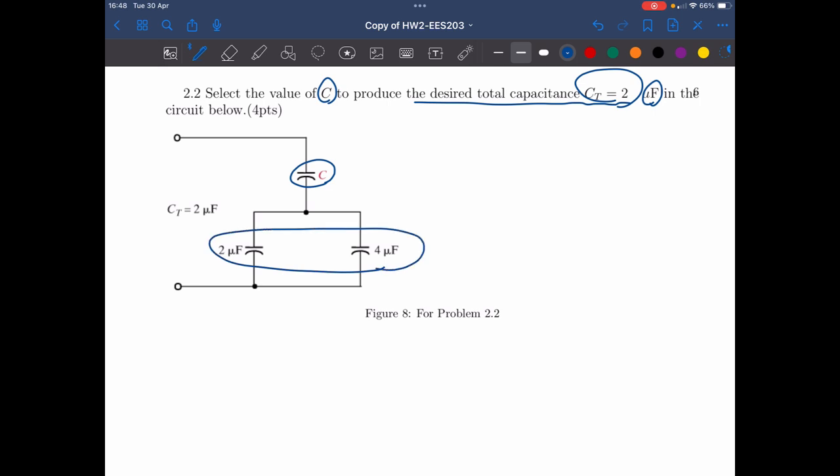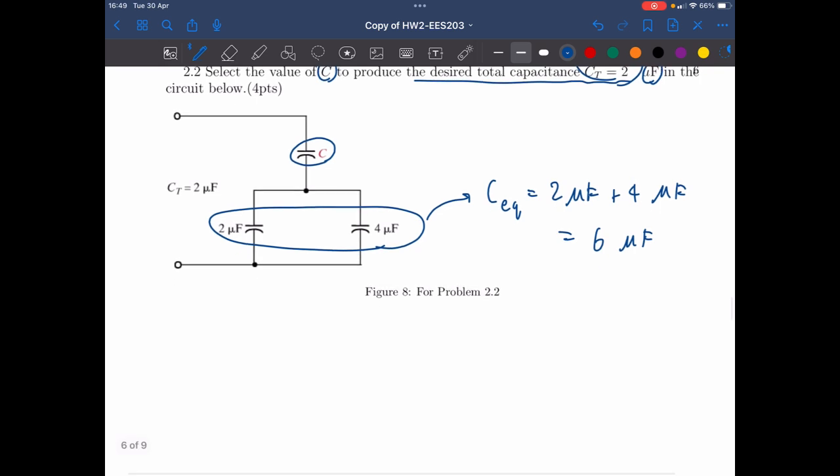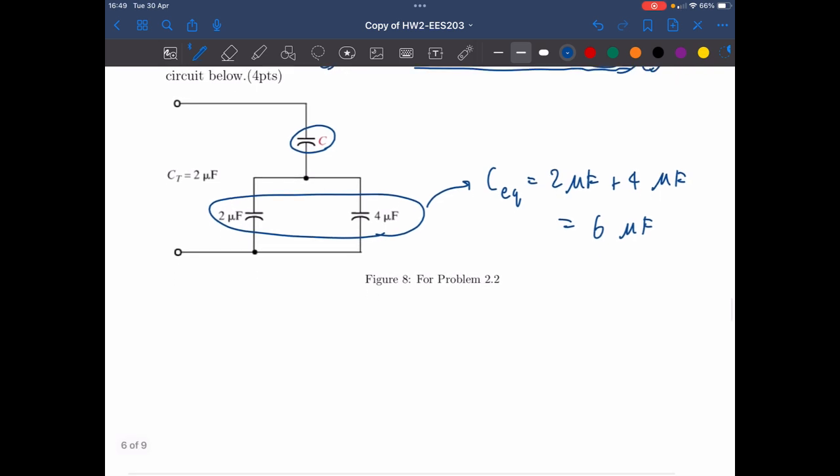As you remember, if the capacitors are connected in parallel, we can resolve it by summing, which means this part, the C equivalent, will equal 2 microfarad plus 4 microfarad, which is 6 microfarad.